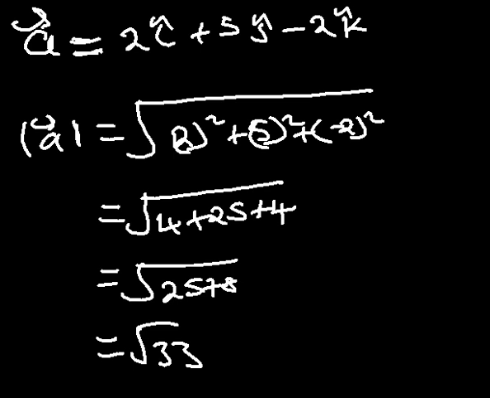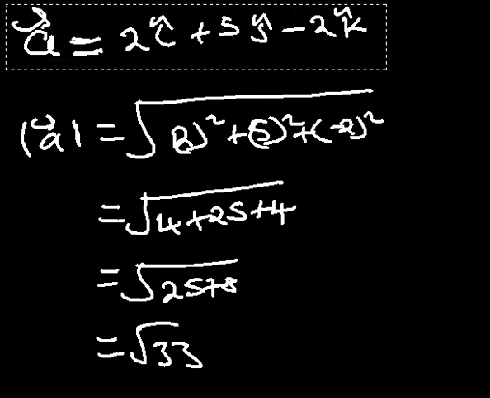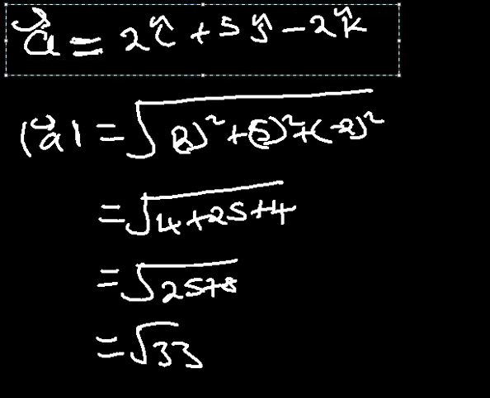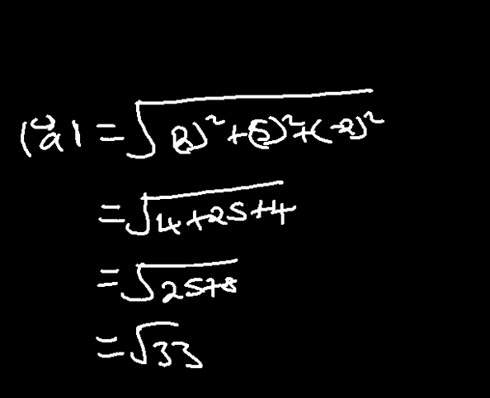So as you can see, vector A has the magnitude of the square root of 33. How can you make vector A have a magnitude of 1 instead? That is what you call a unit vector. So how do you find the unit vector of a vector? Let's say the unit vector is given as u.